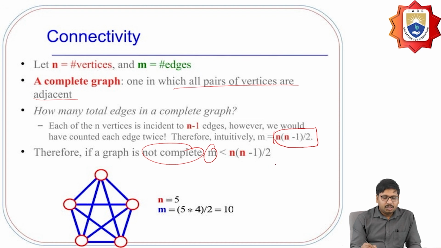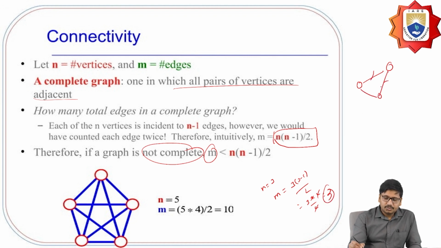Here m is the number of edges. Suppose n equals 3, the number of edges in the graph should be 3 into 3 minus 1 by 2, so 3 into 2 by 2, that is 3. So the number of vertices is 3, and the number of edges is also 3.